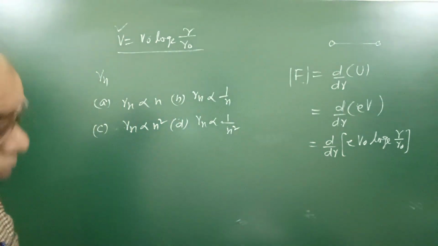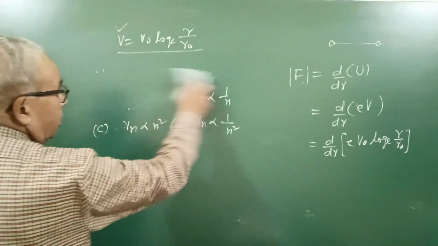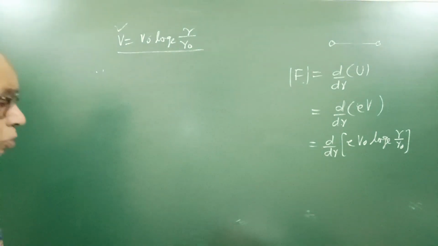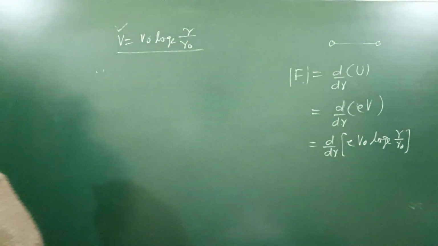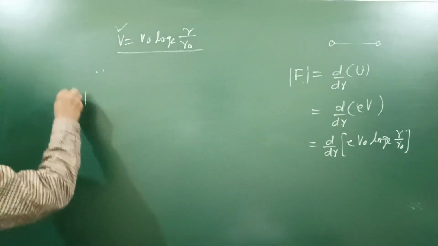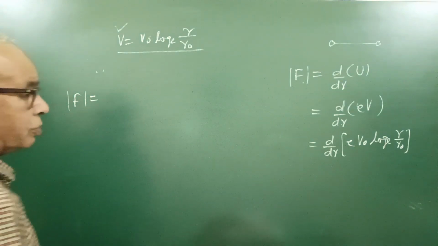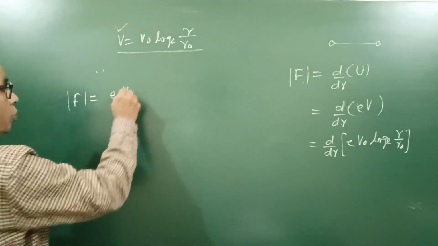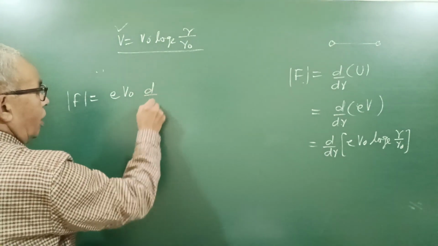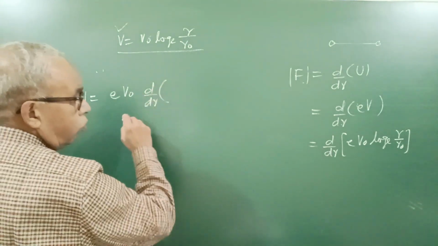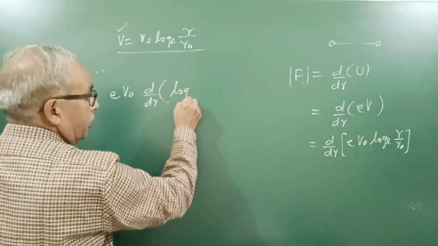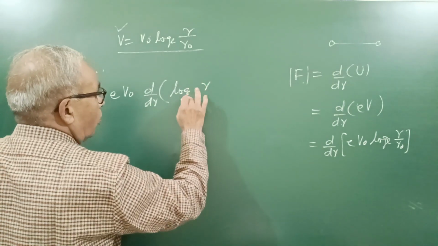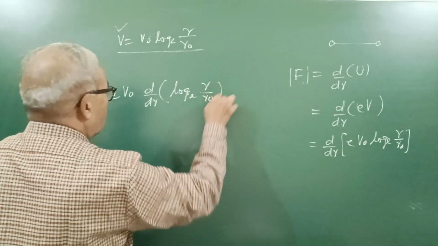Now mathematics students really understand how to differentiate this. Modulus F is equal to eV0 d upon dr of log base e of r upon r0.